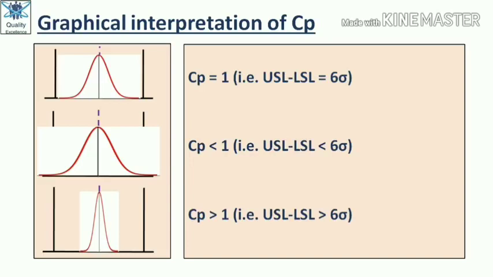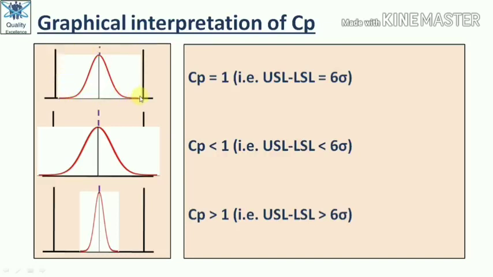Now let us see some graphical interpretation of CP. You can see here this width of process and width of customer voice is the same, right? Means USL minus LSL, this and this are the same.